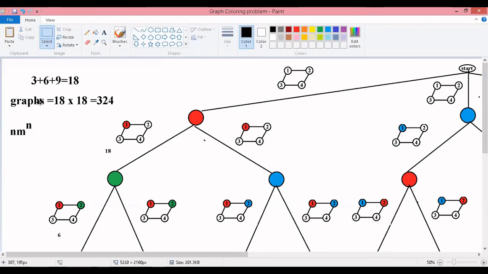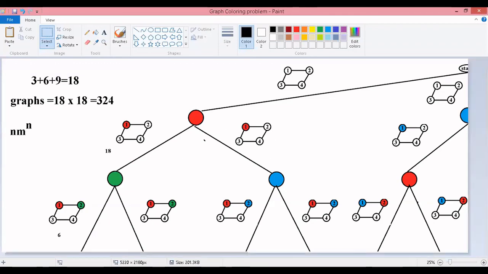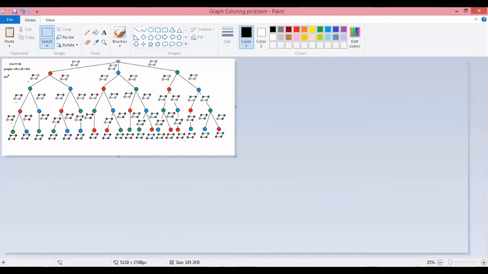So if you substitute the values, 3 into number of nodes is 4, 4 into 3 to the power of 4. 3 to the power of 4 is 81. 81 into 4 is 324. So that is the direct formula. How did you get 324 also? I just now explained to the students using the state space tree.